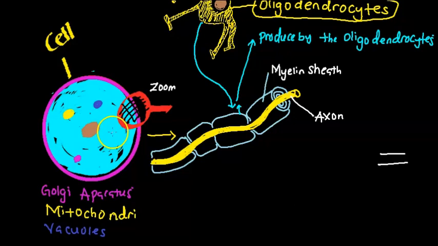If you zoom inside of the cells, and we know most cells have the Golgi apparatus, the mitochondria, the vesicles, etc., you're going to see the oligodendrocyte attached on the, what do you call it, on the nerves. Sorry, not nerves, neurons rather.